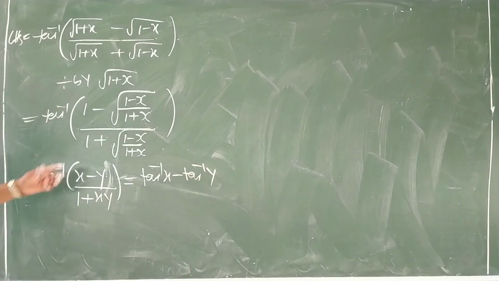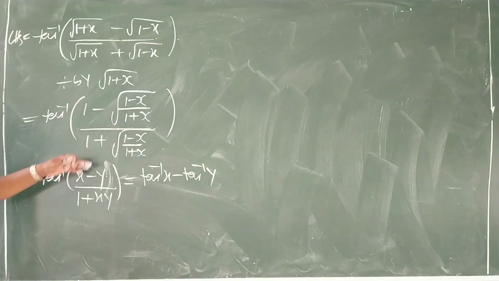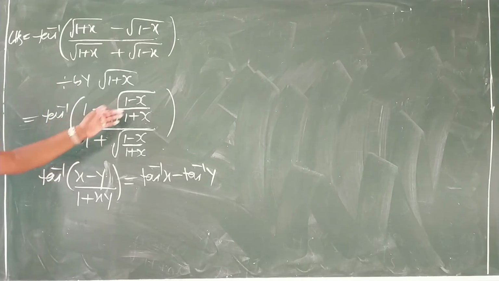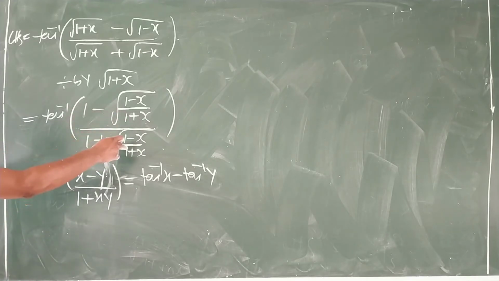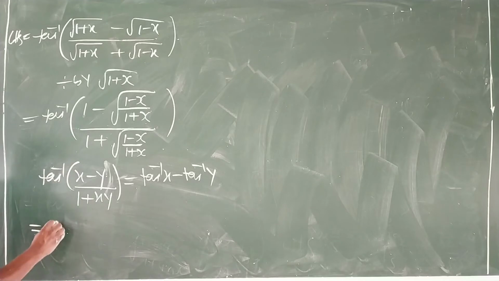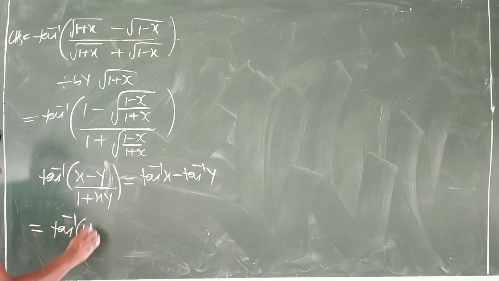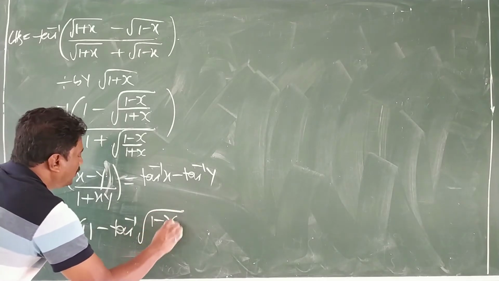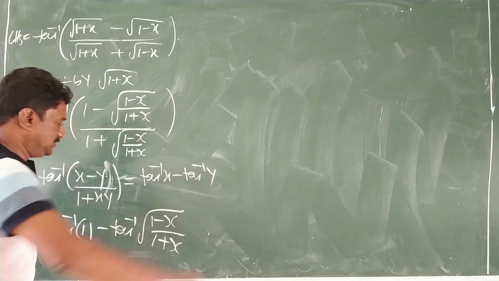Clearly these two are matching. Tan inverse of (x minus y) divided by (1 plus x into y). 1 into this means that one only. So that is tan inverse 1 minus tan inverse root of (1 minus x by 1 plus x).